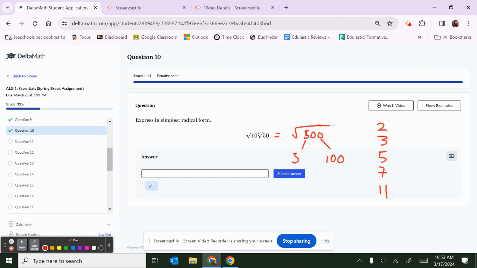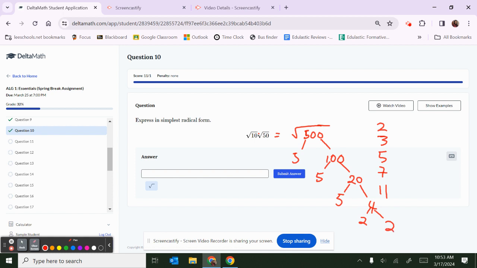Can I divide 100 by 11? No. 7? No. 5? Yes. And I get 20. Can I divide 20 by 11? No. 7? No. 5? Yes. And I get 4. And I can divide 4 by not 3, but 2, and I get 2.